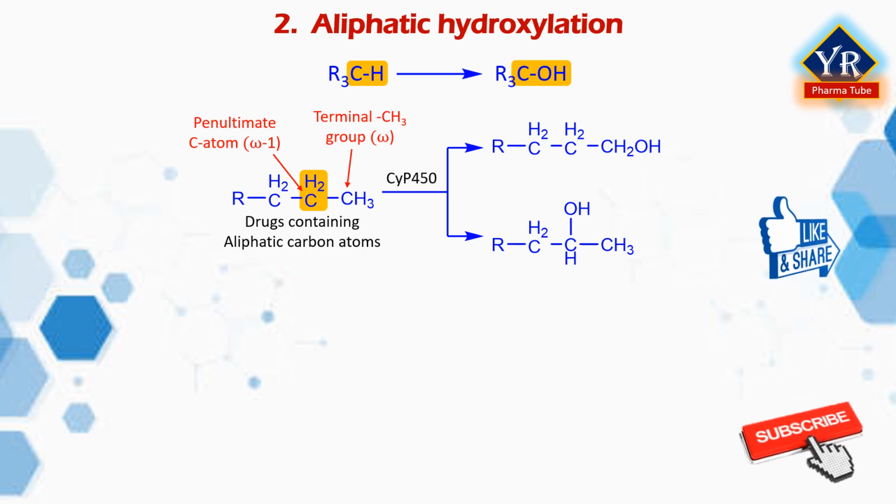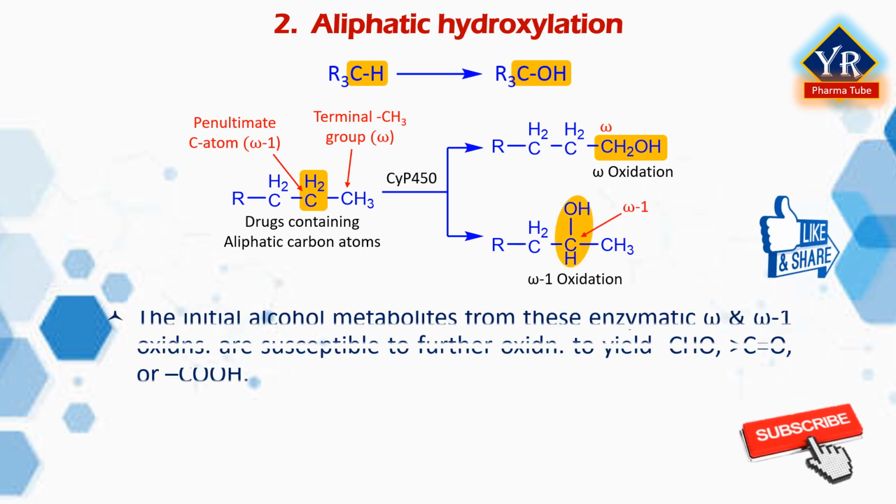The oxidation at the terminal methyl group is referred to as omega oxidation, and the oxidation of the penultimate carbon atom is called the omega-1 oxidation. The initial alcohol metabolites formed from these enzymatic omega and omega-1 oxidations are susceptible to further oxidation to yield aldehydes, ketones, or carboxylic acids.